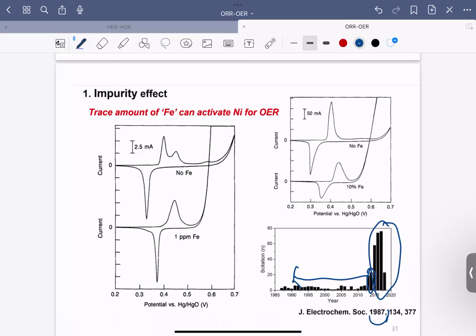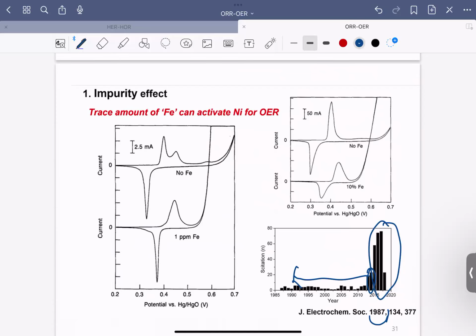This is really ridiculous, because even though the original discussions were about the importance of a very small amount of iron impurity changing the overall trend of the activity, people were not aware of the importance of that kind of impurity until 2014. This is really striking.